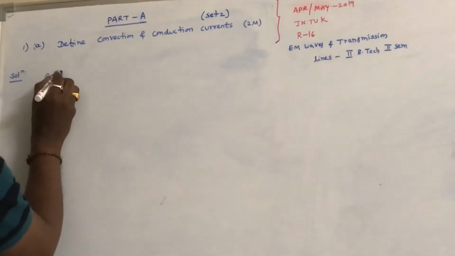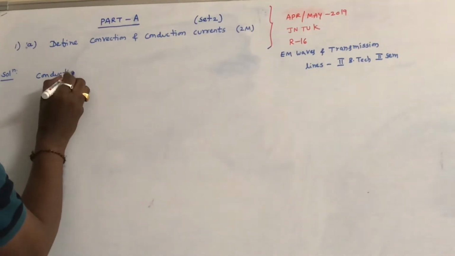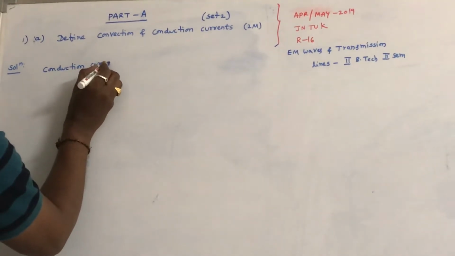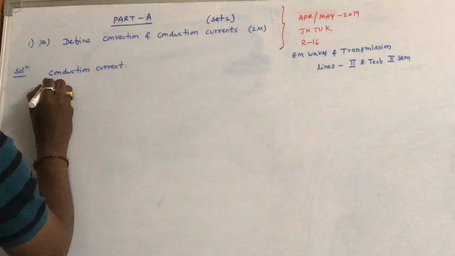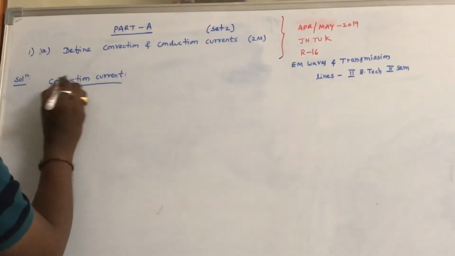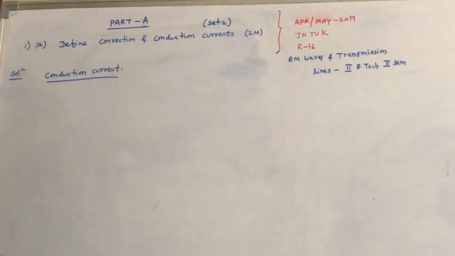First one we define conduction current. As the name itself indicates, the current flowing through a conductor is called conduction current.